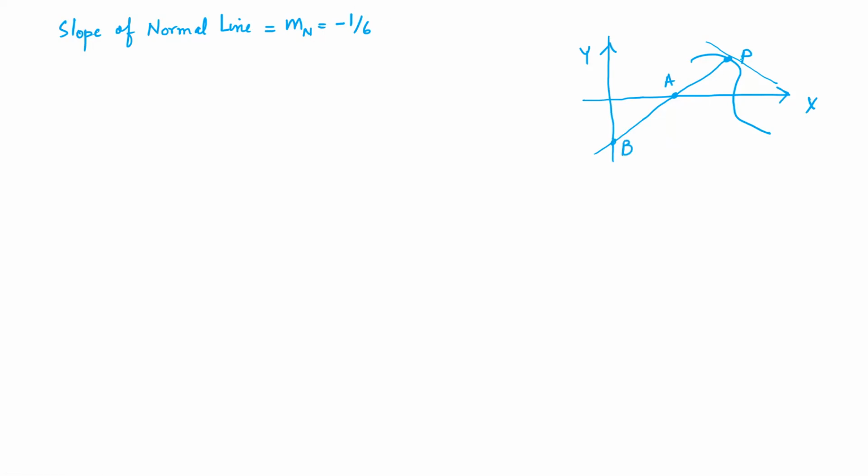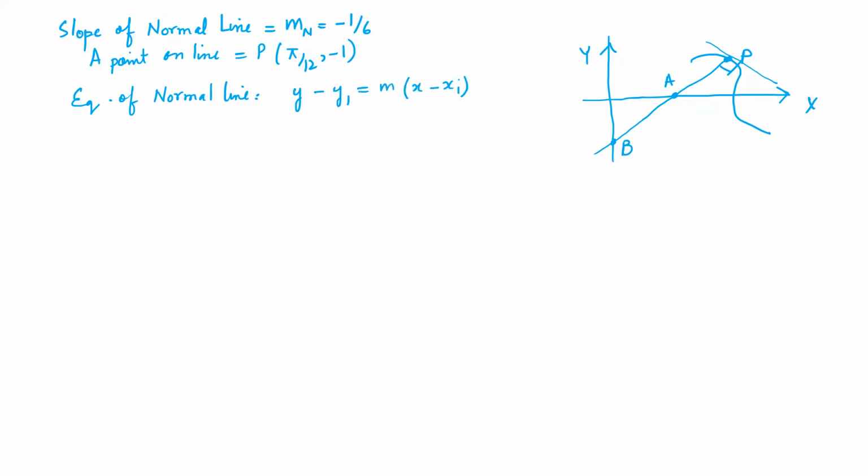So we have found the slope of the normal line. So this is your normal line. We have the slope and a point on the line, P, which is pi by 12 comma minus 1. So we have a point and the slope. So the equation of the normal line can be found by y minus y1 equals m into x minus x1.